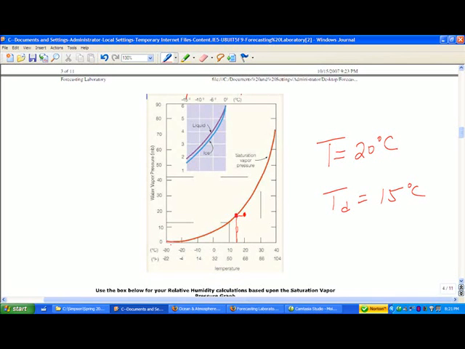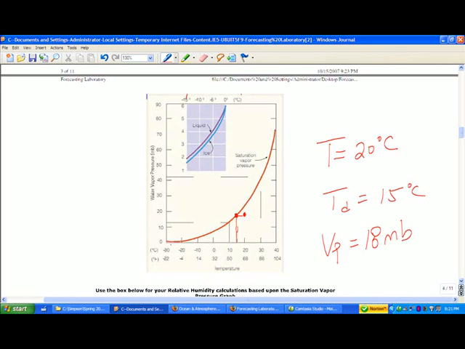Now, what is the actual vapor pressure? Well, we get our actual vapor pressure from the dew point temperature. And I go over here, and I see an actual vapor pressure of about 18. So the vapor pressure is 18 millibars.